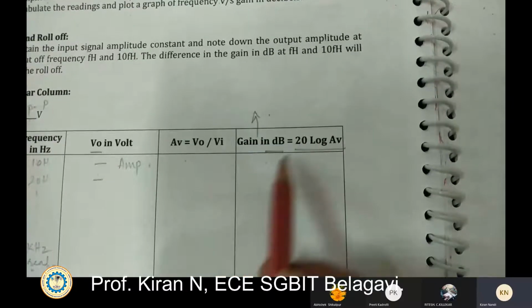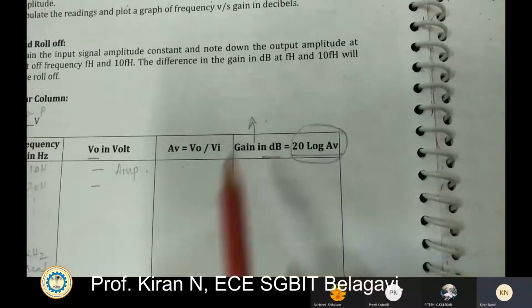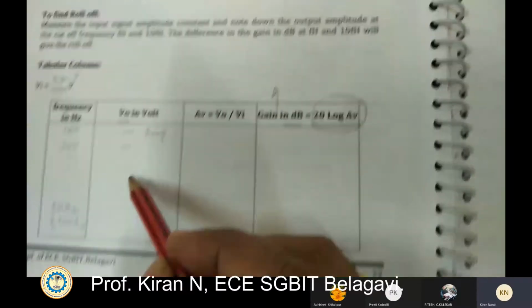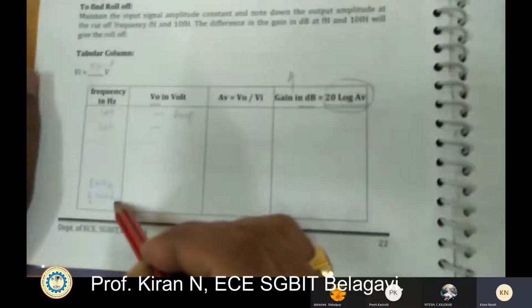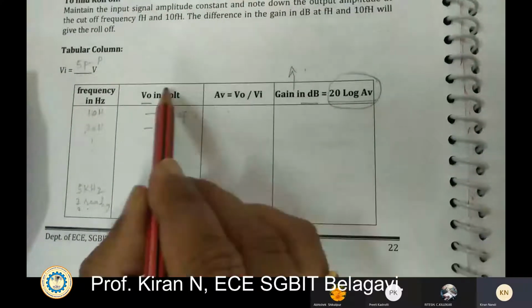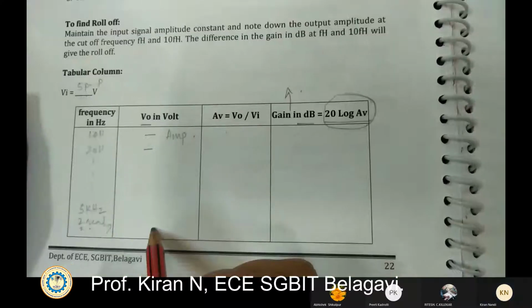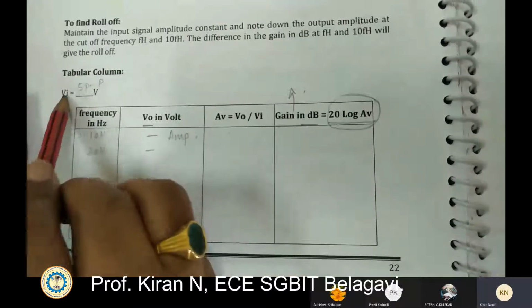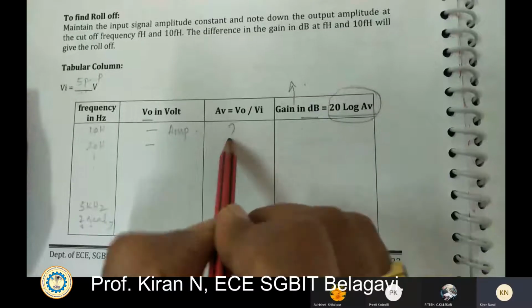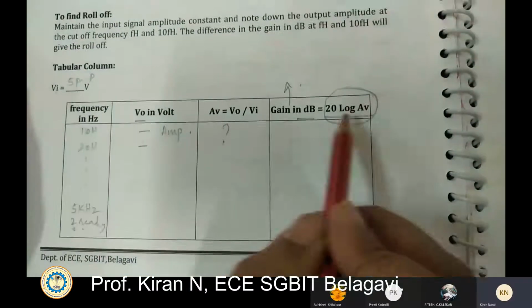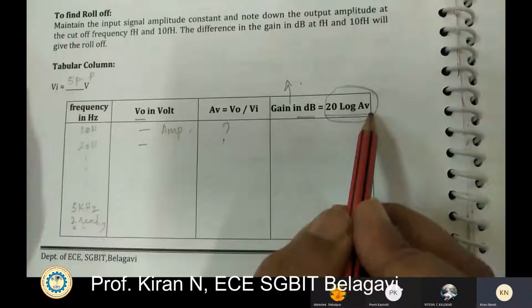So you go on changing the frequency and note down the output voltage, divide it by the input voltage to get the AV value, then calculate using a calculator the 20 log of this AV, which gives you the gain in dB.